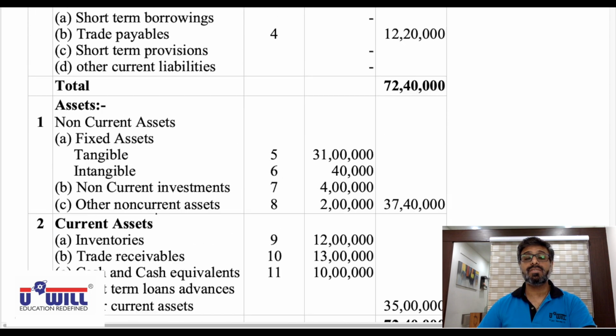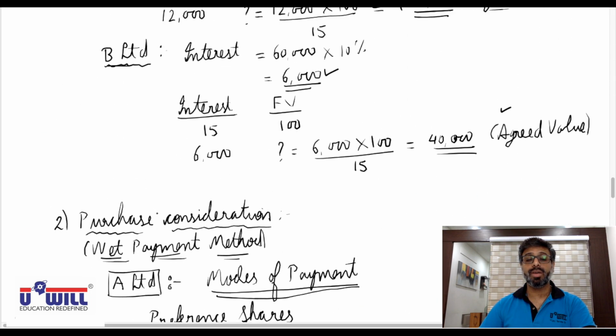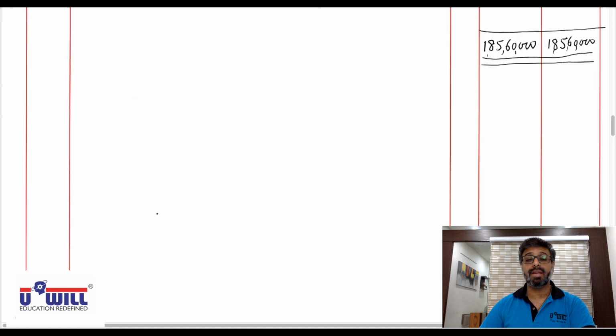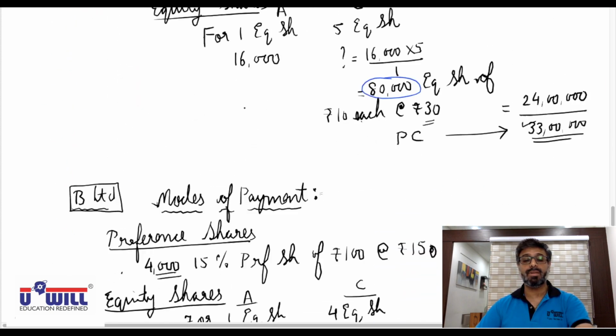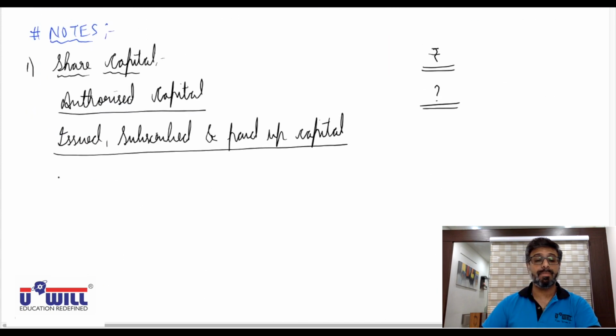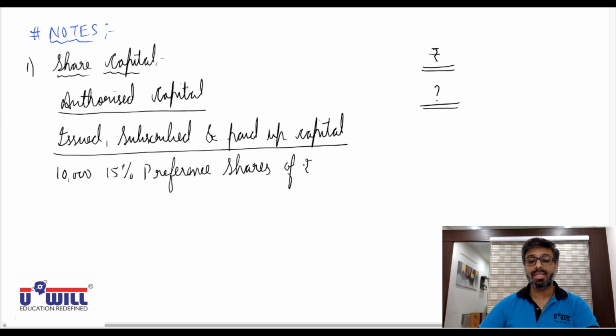Now this we will get from entry number 3. As we have already done the net payment in entry number 3, how many preference shares are issued? 10,000. So straight away from entry number 3 you will write in issued, subscribed and paid up capital 10,000, 15% preference shares of rupees 100 each, that is 10 lakhs.